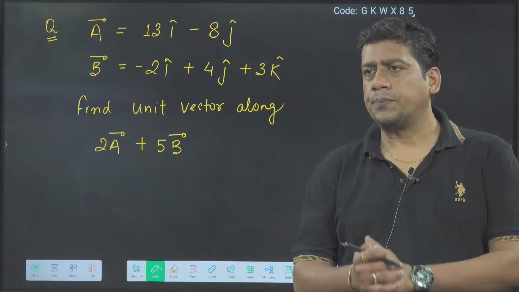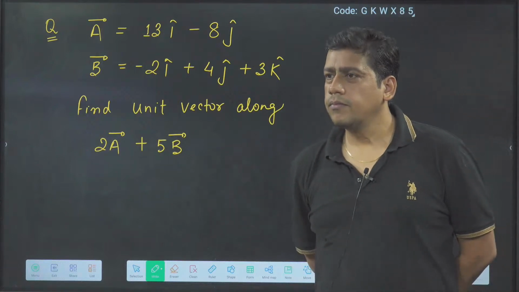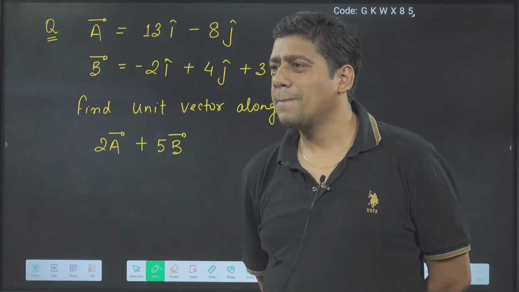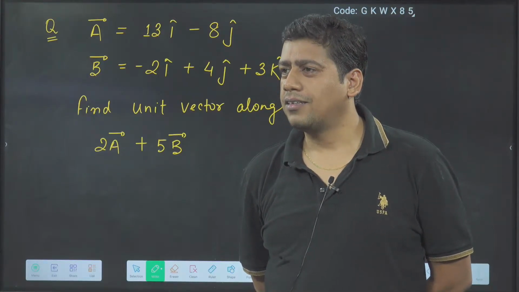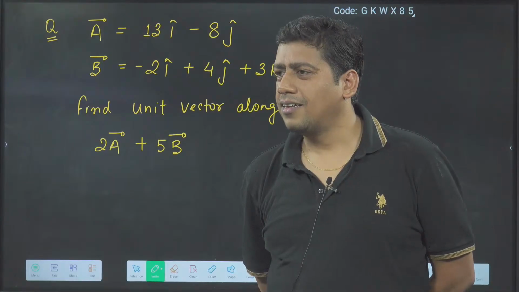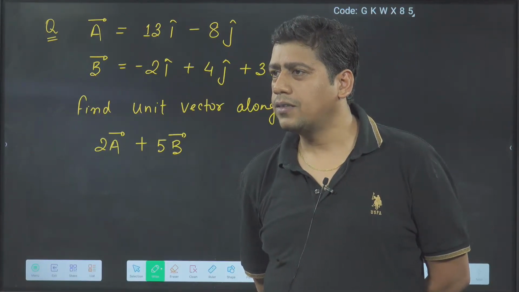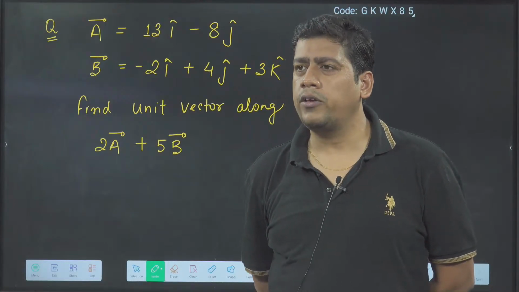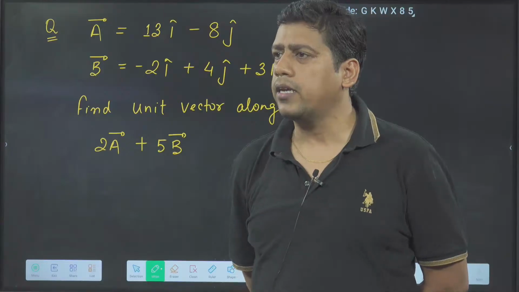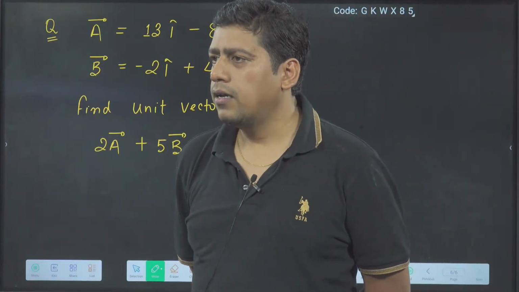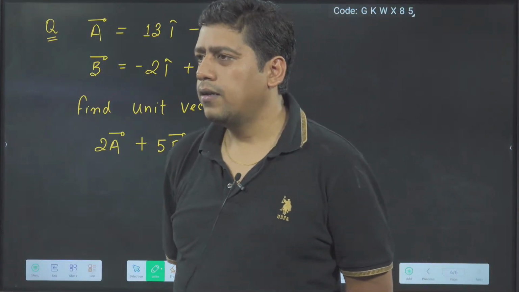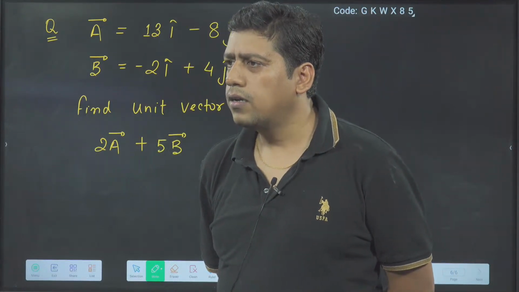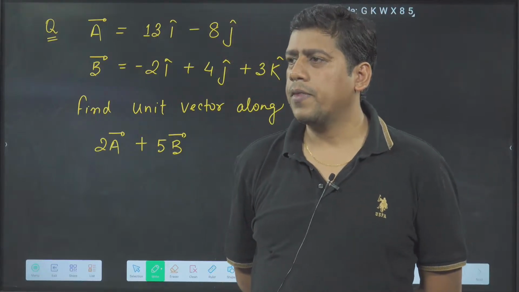Give me the correct answer. Okay, different answers. Beta, you divide with the magnitude also. I'm asking you unit vector. I'm not asking 2a vector plus 5b vector. Okay, more or less. Chalo, no problem.